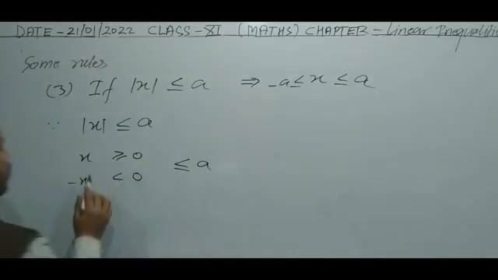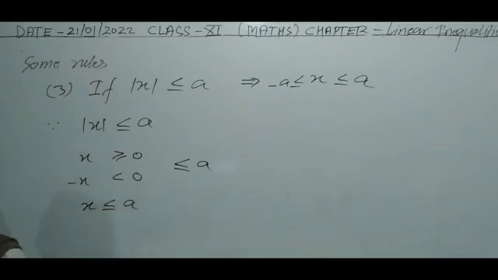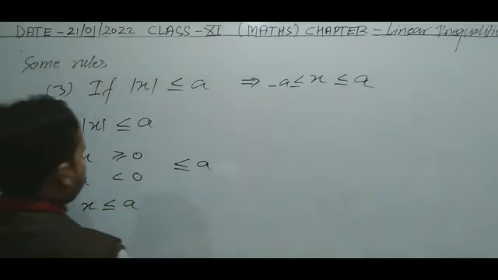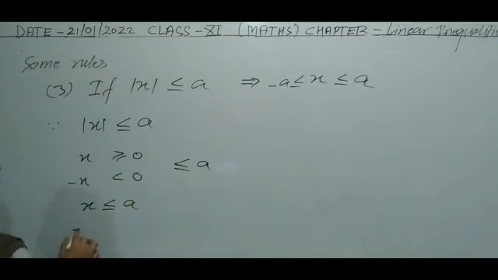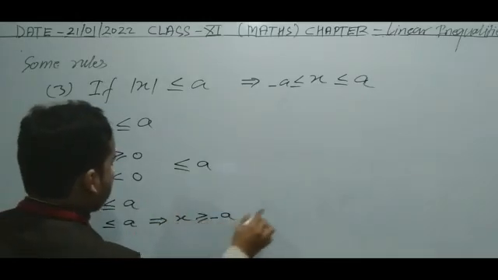So when x is less than a, we can write x is less than a. This implies, or minus x is less than a, this implies we can write x is greater than minus a.